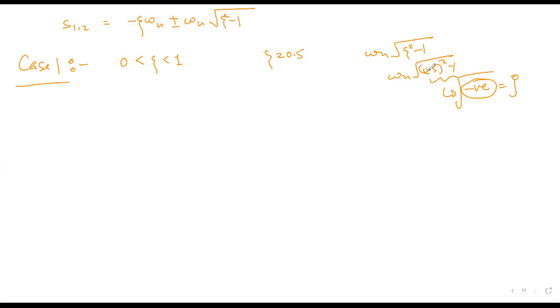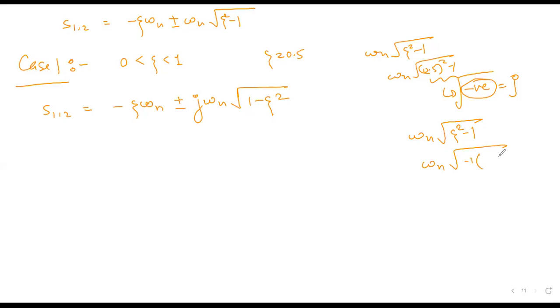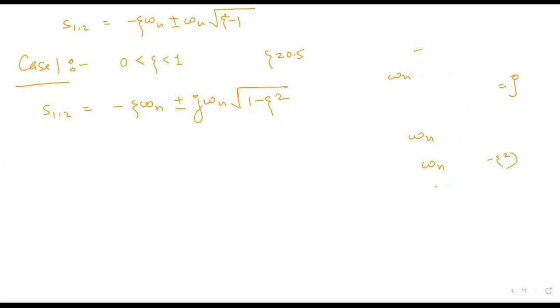So you can write the poles as minus zeta omega n plus minus j omega n under root 1 minus zeta square, because you are doing zeta square minus 1 and taking minus 1 common, whose under root is j. Now, these are your poles for this case.